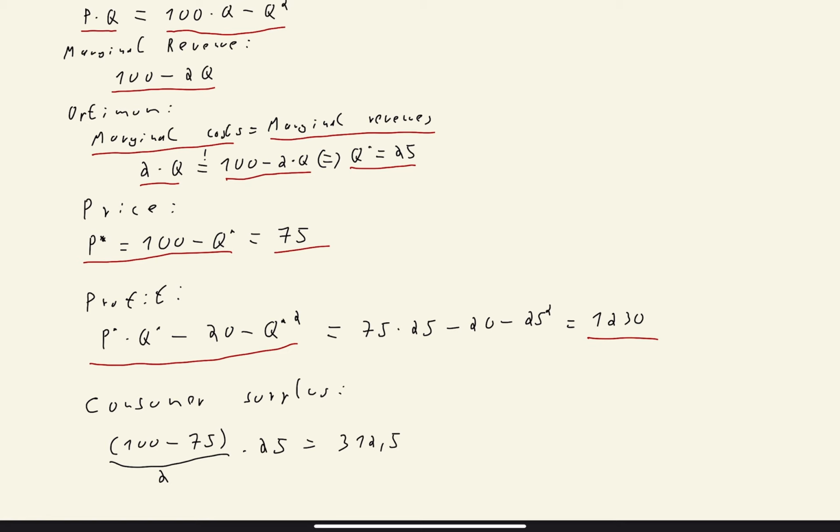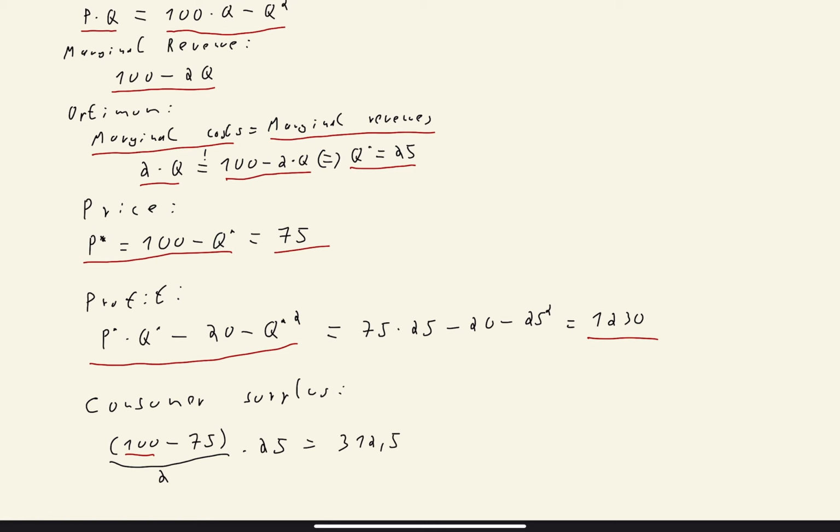Finally, what we need to calculate is the consumer surplus. The consumer surplus is basically aggregating the monetary savings that all consumers who are purchasing the product of the monopolist achieve, because they have a higher valuation than the price of the monopolist. The first thing that we need is the so-called choke price, the price above which there is no demand anymore, and here it's equal to 100. If the price is 100, no consumer will buy the product.